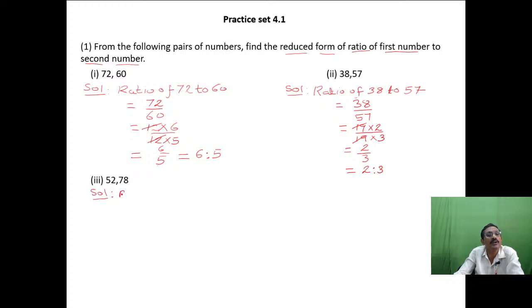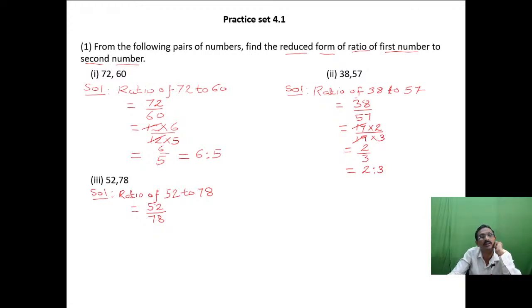Ratio of 52 upon 78. Now let us find one table where we have 52, and also we have 78.